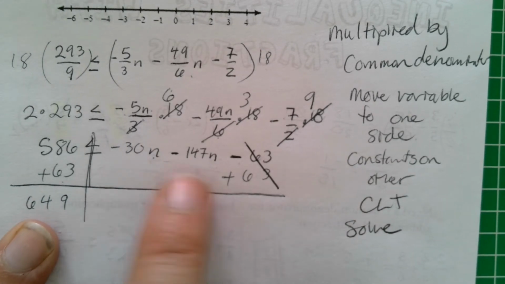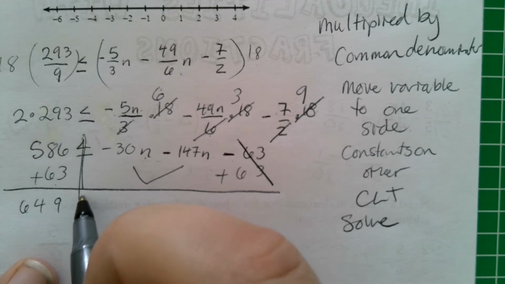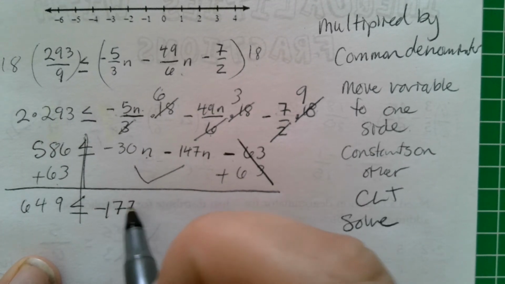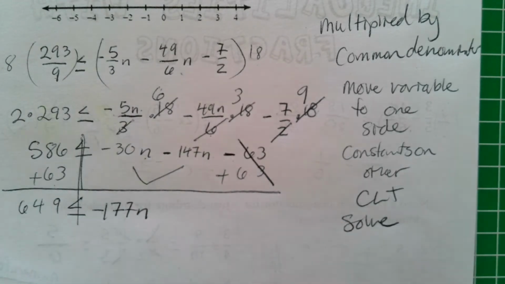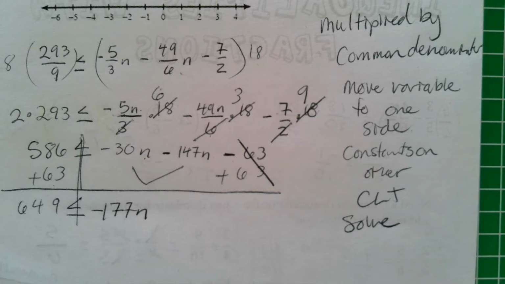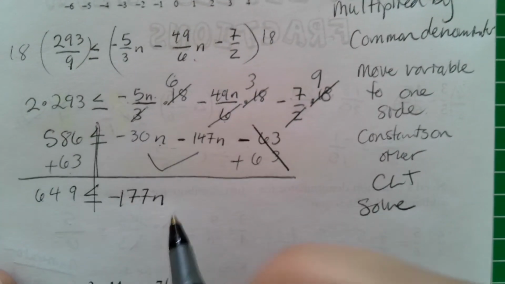So now we're going to put these two together. Okay? Can you guys put those together and tell me what you get? Negative 177. That's such a big number. Okay, and then if we divide by a negative, what happens to the inequality?